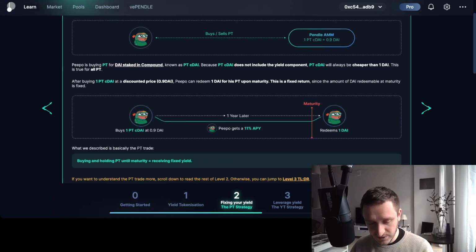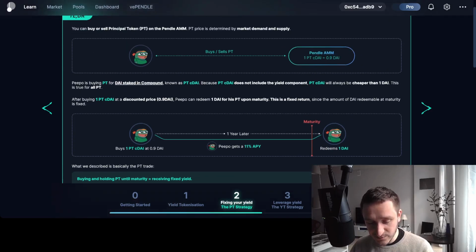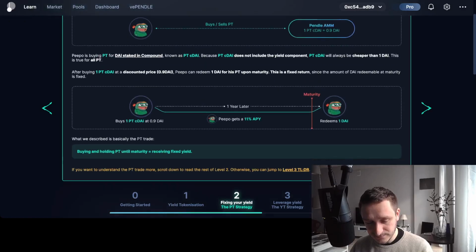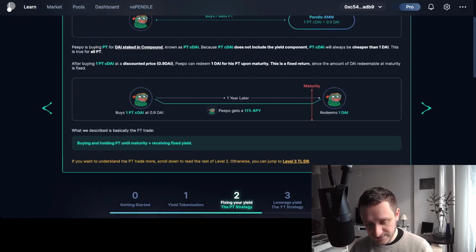So for example, in this example, 1 PT-cDAI is at 0.9 DAI, so you get this 10% discount if you wait for a year until you get it, and it should be traded lower. So this is the example here.